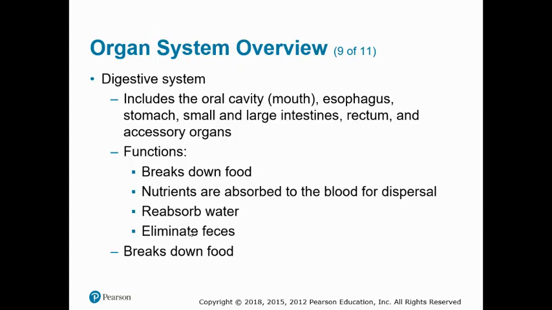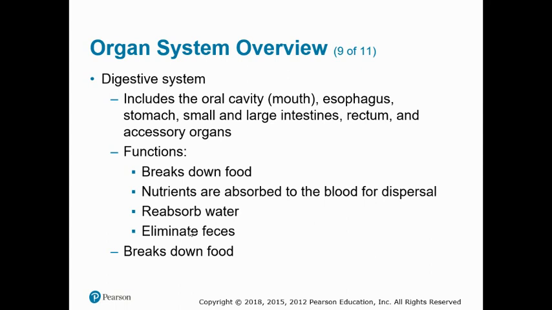The ninth organ system is the digestive system. This includes your mouth, esophagus, stomach, small and large intestines, your rectum, and any accessory organs that help break down food. So this includes things you've probably heard of, like the liver, the gallbladder, the pancreas. The whole function of the digestive system is to break down food into nutrients that we can easily absorb into our bloodstream.